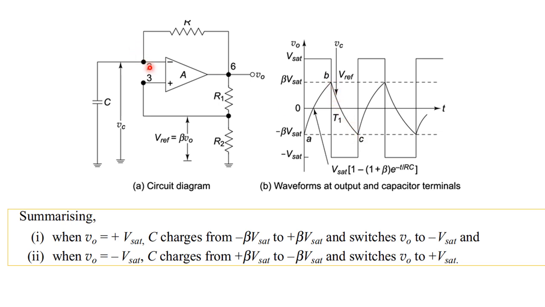Once the voltage becomes lesser than the third pin voltage, the output again toggles from minus VSAT to plus VSAT. This process will happen continuously, and the toggling is based on the charging and discharging of the capacitor. So you can see that a square wave is generated, and the capacitor charging and discharging happens according to the voltage that is fed back.